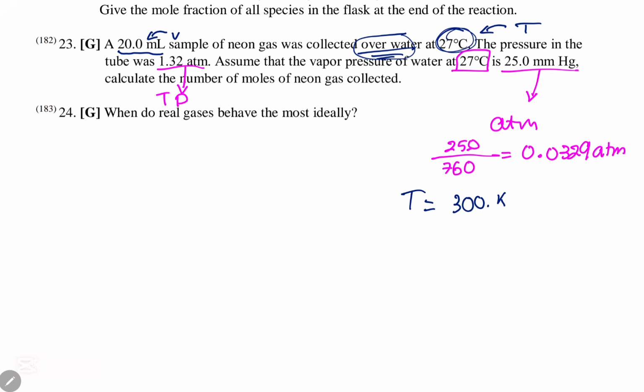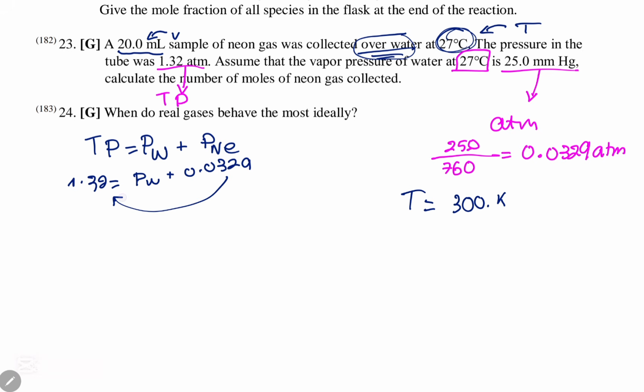Now, the total pressure in the tube is equal to the pressure of water vapor in addition to the pressure of neon. So 1.32 is equal to the pressure of neon plus 0.0329. Move this to the other side, and I got that the pressure of neon is 1.29 atmospheres. Now, what do they want?